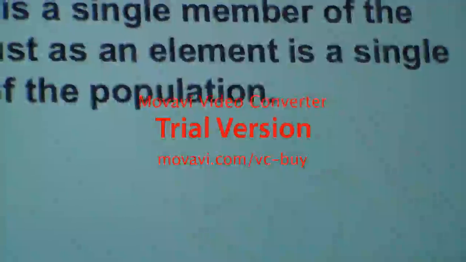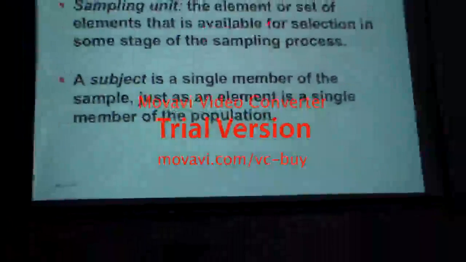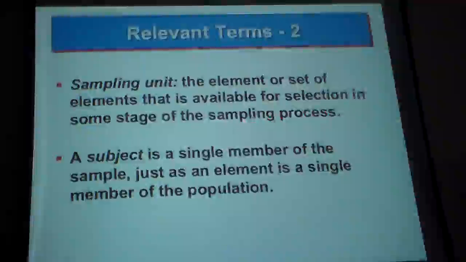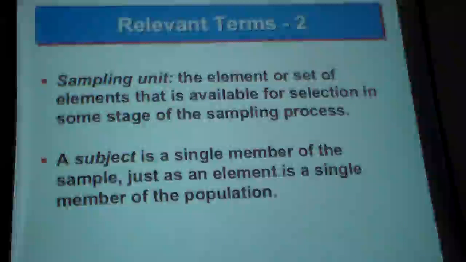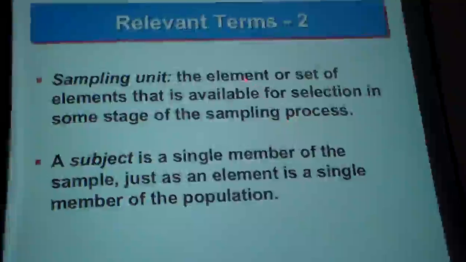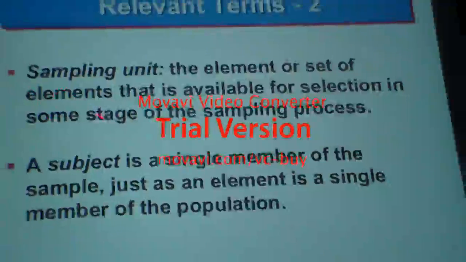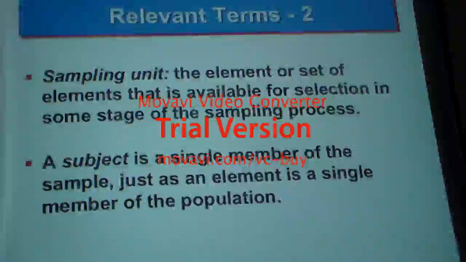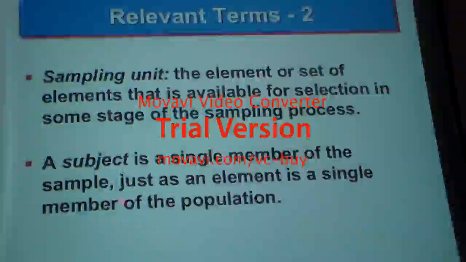Sampling unit: the element or set of elements that is available for selection in some stage of the sampling process. This is the sampling unit. Also, we have the term subject.